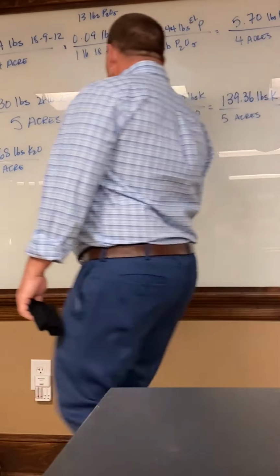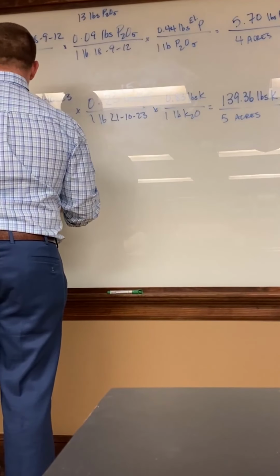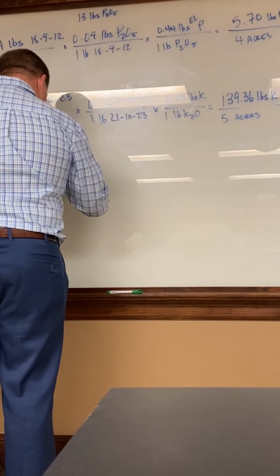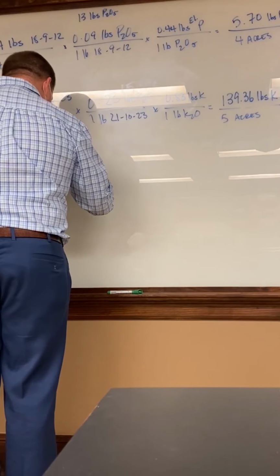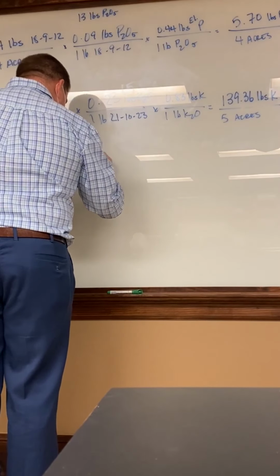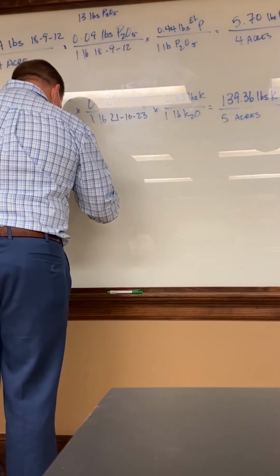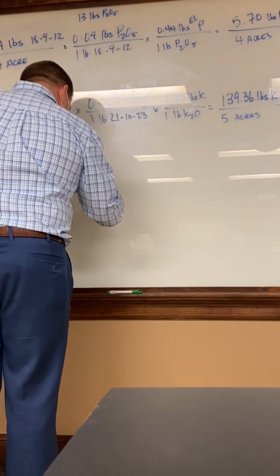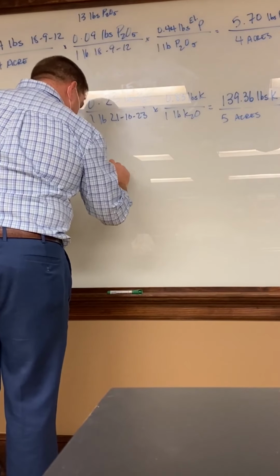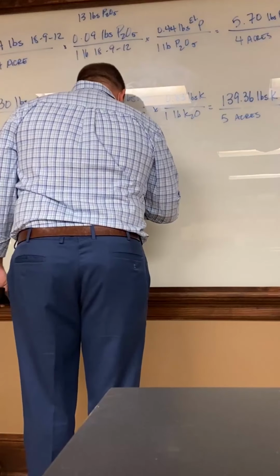Okay, how about this? Think about this now. Let's say you want to apply 100 pounds of N per acre, and you used an 18-46-0.